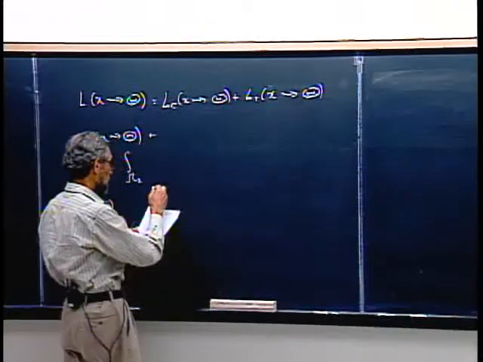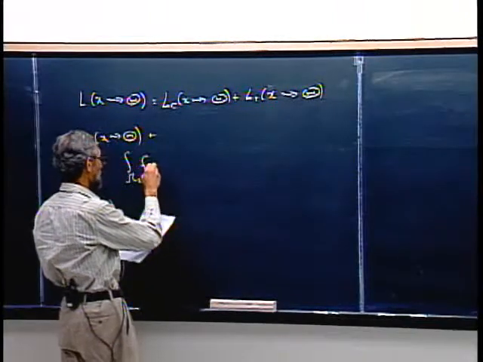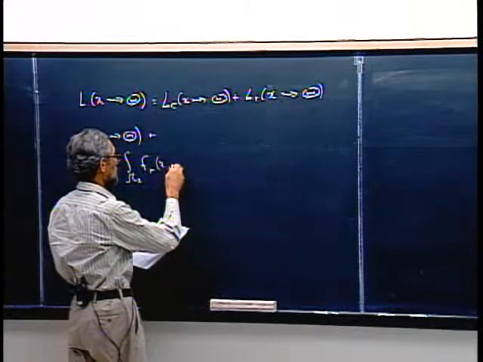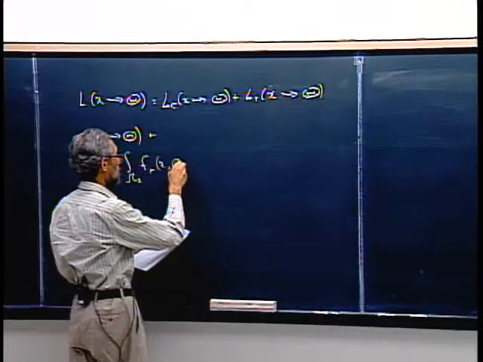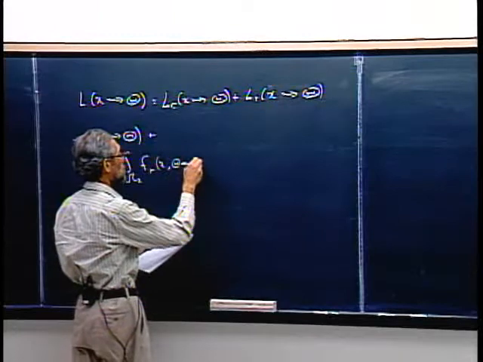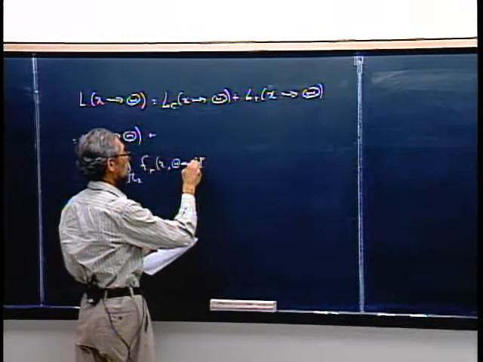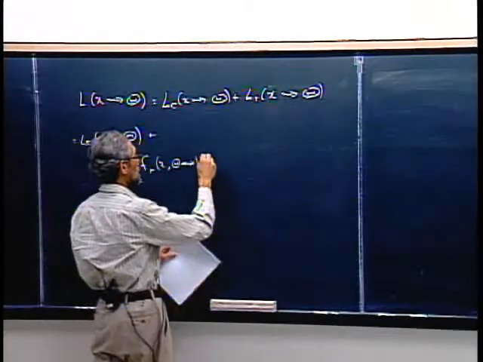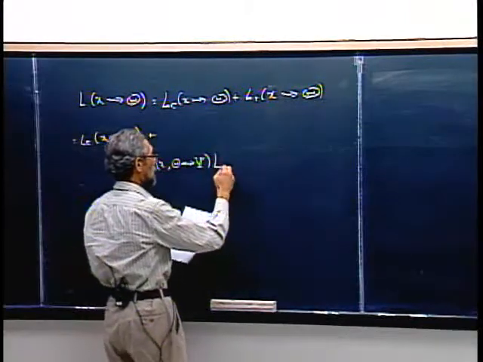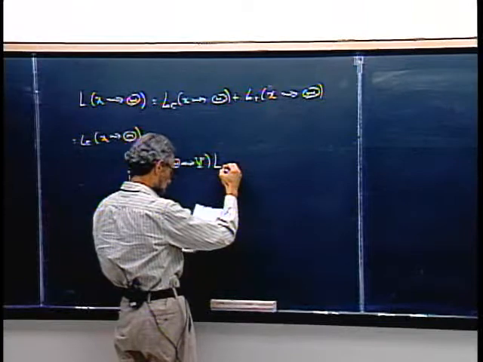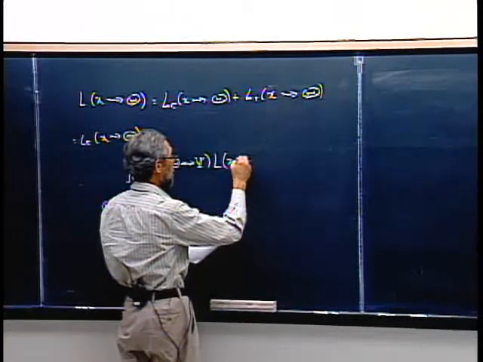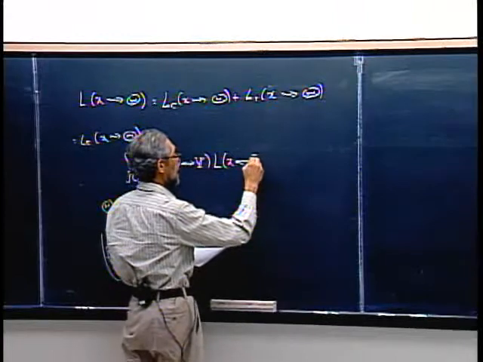And that integral we had was the bidirectional reflection function at x for light going in direction theta from direction psi. It didn't matter what order we put them in because of reciprocity. Times the light coming in, which means hitting x from direction psi.